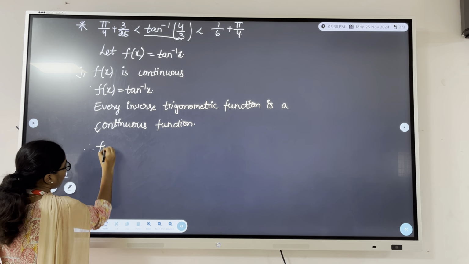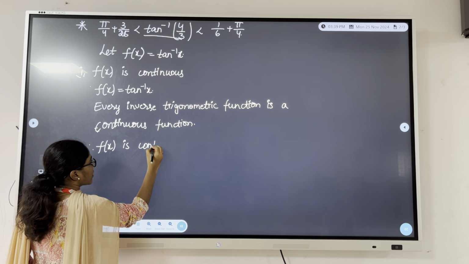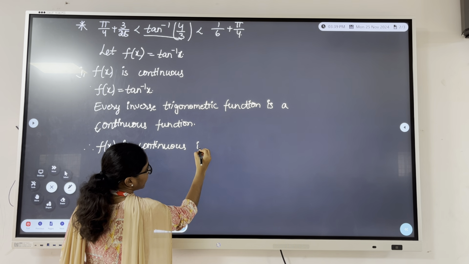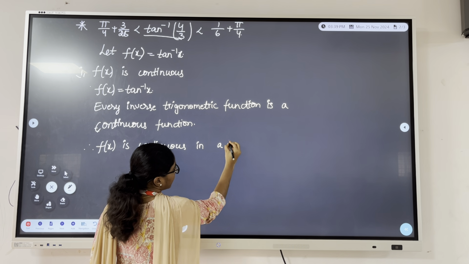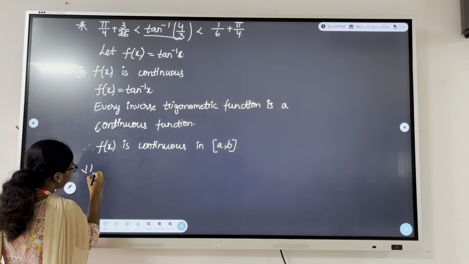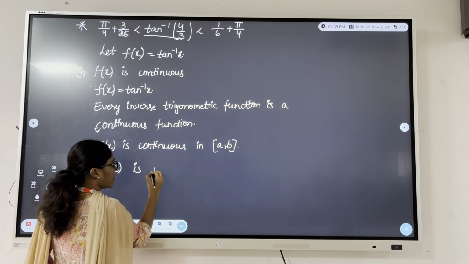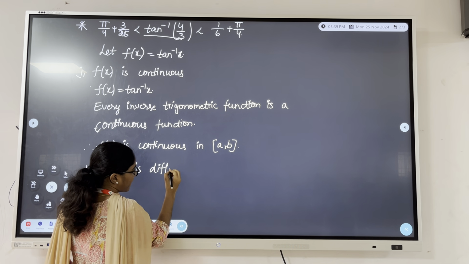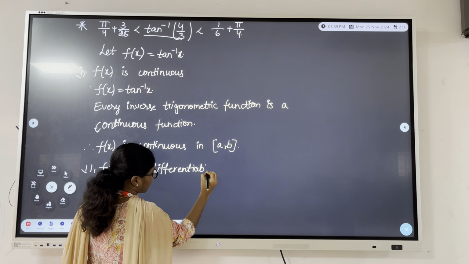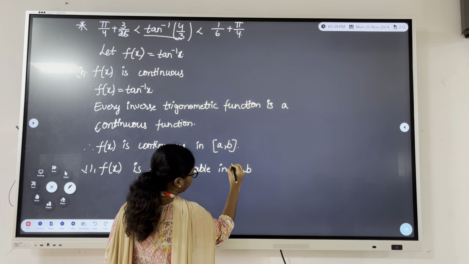Therefore, f of x is continuous in a comma b. Next, second condition, f of x is differentiable in a comma b.